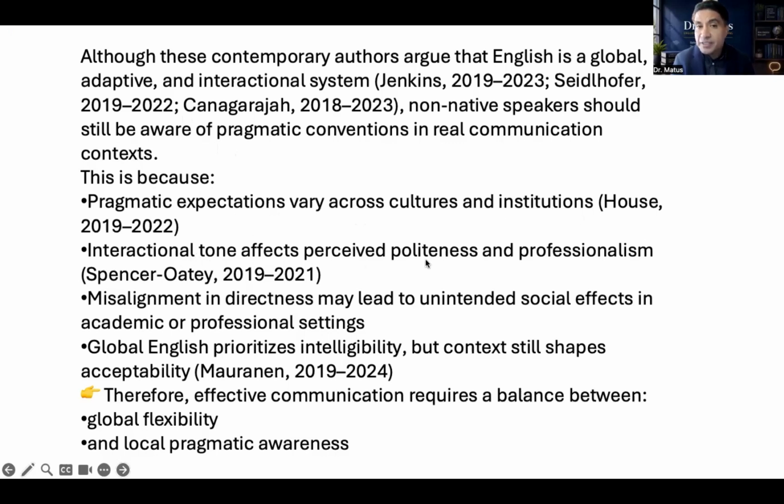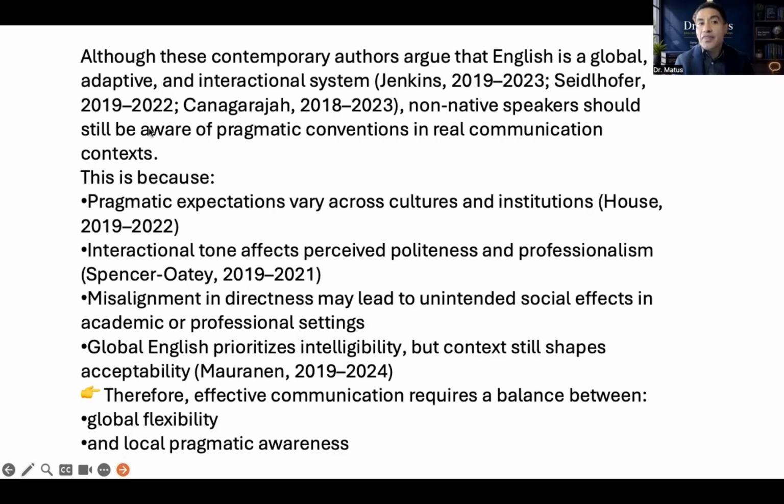Interactional tone affects perceived politeness and professionalism. Misalignment in directness may lead to unintended social effects in academic or professional settings. Global English prioritizes intelligibility, but context still shapes acceptability. Therefore, effective communication requires a balance between global flexibility and, of course, local pragmatic awareness.